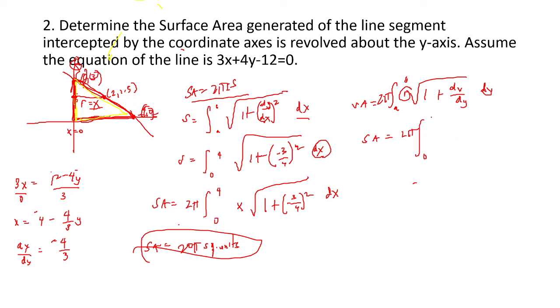From 0 to 3, then our r is x, which is 4 minus 4 thirds y. And then the square root of 1 plus negative 4 thirds squared dy. So if we input this in our calculator, the result would still be 20 pi.